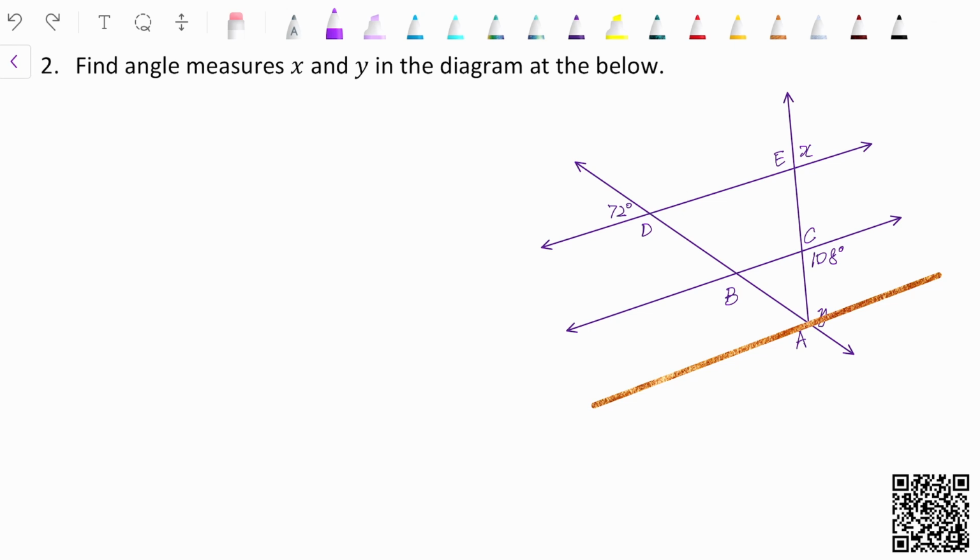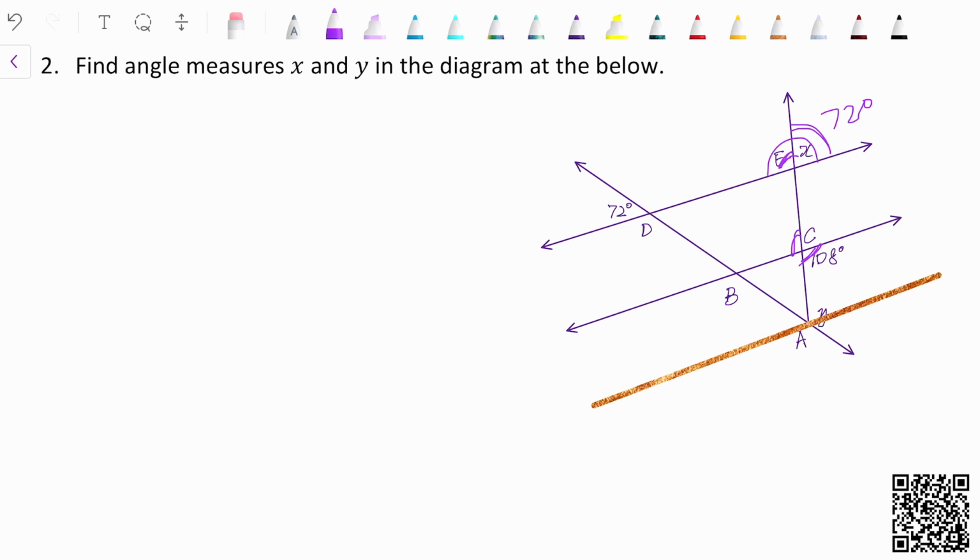Using the property of parallel lines, since this is 108, this is also 108, therefore this is also 108. Since this line's total is 180, x in this line is equivalent to 72, or 180 minus 108.